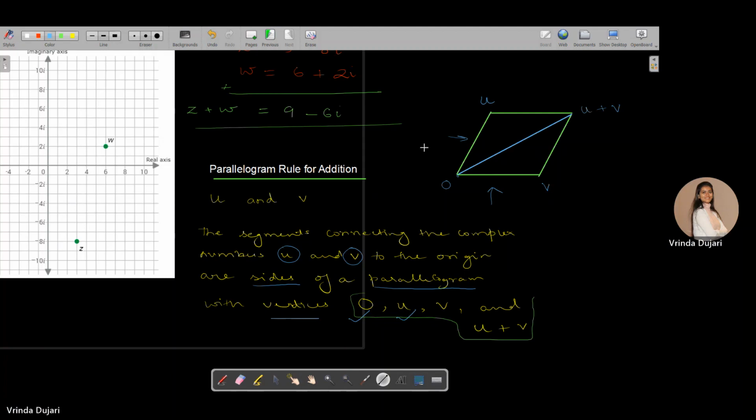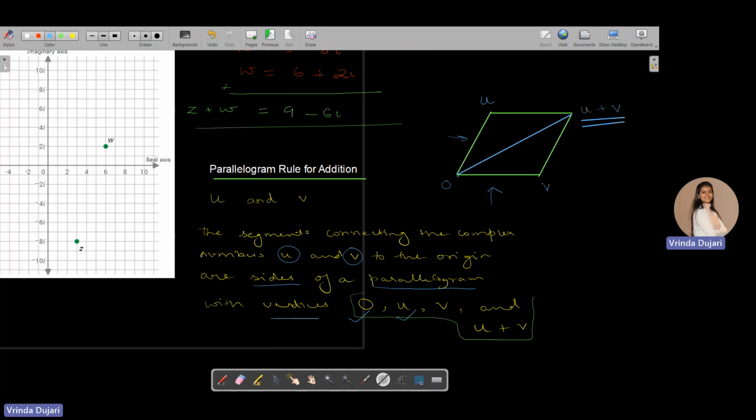So another statement for this parallelogram rule is that if you have a parallelogram with vertices origin, u and v, then the diagonal of this parallelogram starting from the origin will give you the coordinates for u plus v.